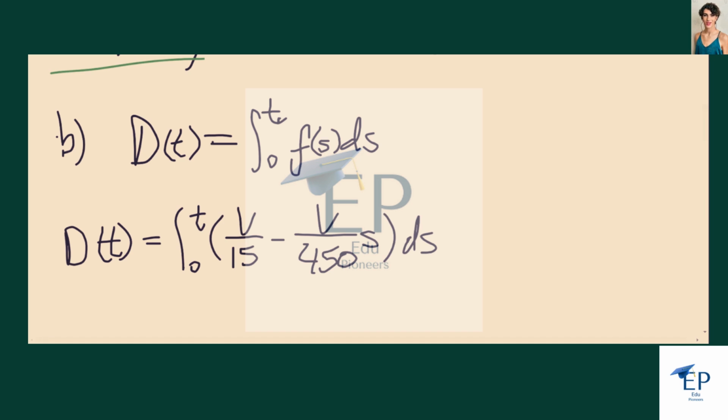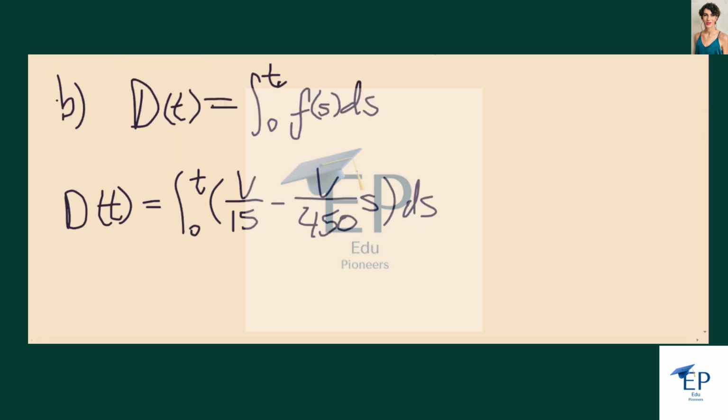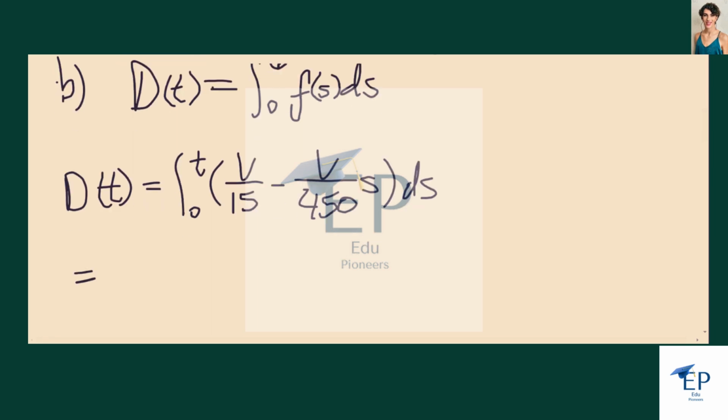And now we'll integrate. So we get that d of t is equal to v over 15 times t minus v over 900 times t squared.